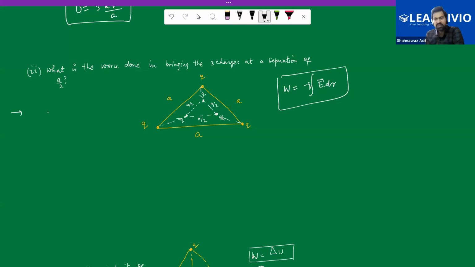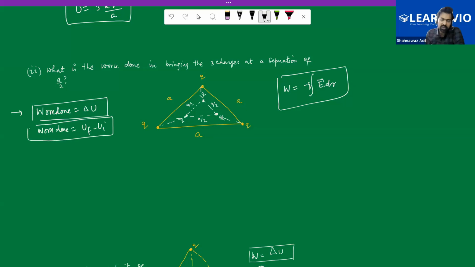Whatever is the change in potential energy, that would be the work done. So this would be U final minus U initial. What would be this thing?